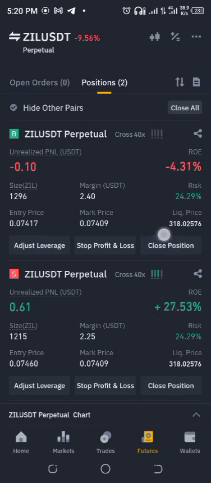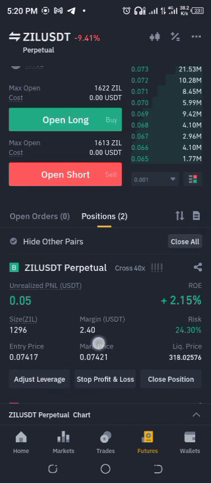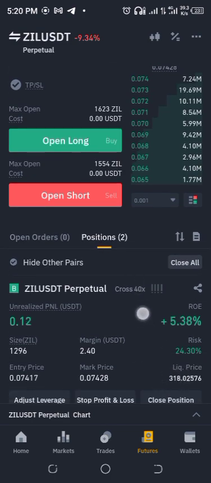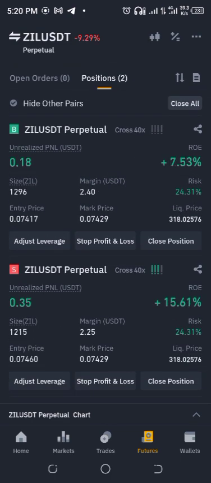Liquidation price 318.02 here, 318.02 as well. So it will take so long for these orders to get liquidated. It can run for days. Before the price of ZIL will get to 318, it will really take a year plus or thereabout.